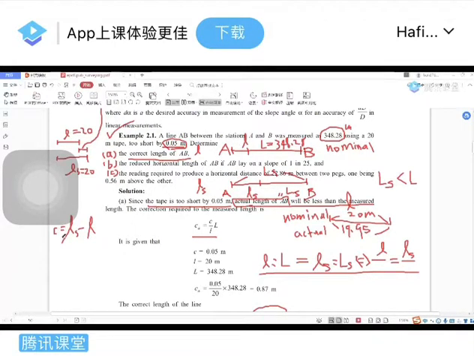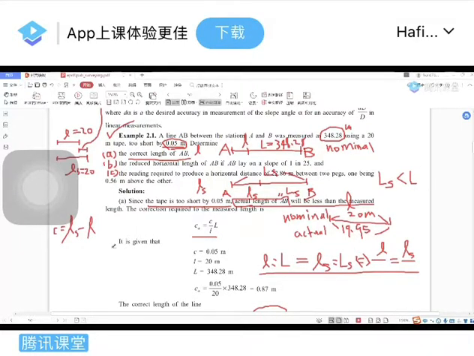You don't care whether C is negative or positive. You don't have to care about whether it's L minus LS or LS minus L. It doesn't matter, as long as you already know the basic concept that LS is less than L. That's why you know C is supposed to be negative.